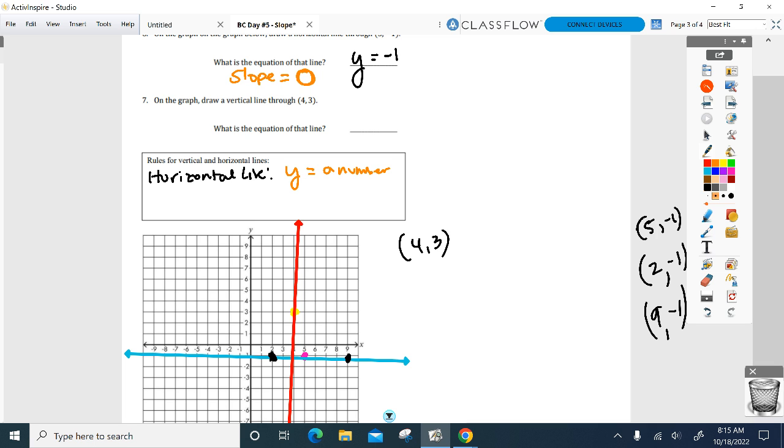Graph another point. Do the same thing we did for horizontal. Jot it down. And graph a third point and jot it down.